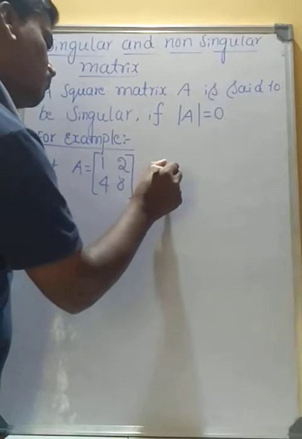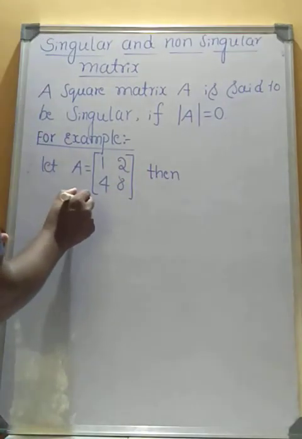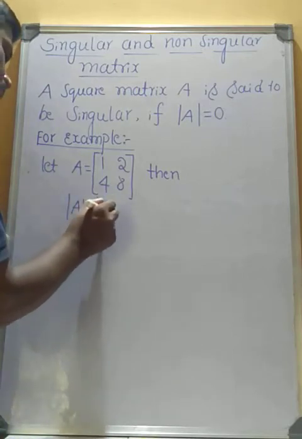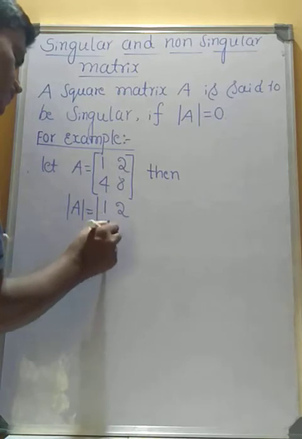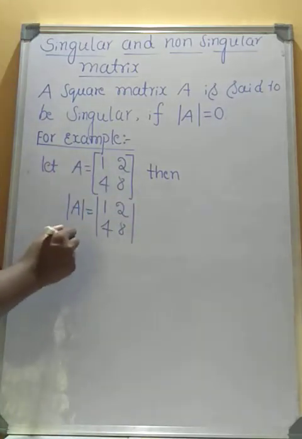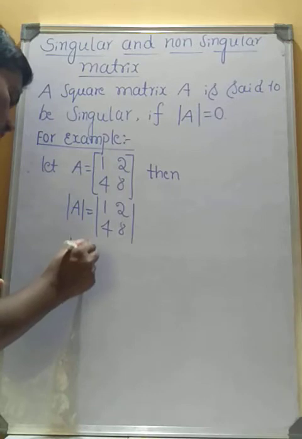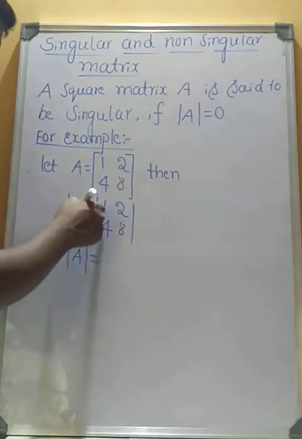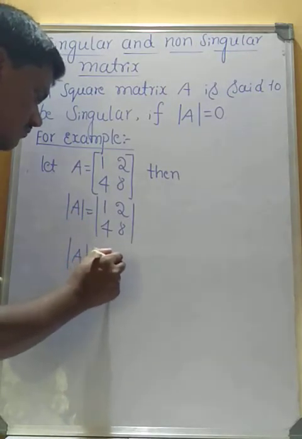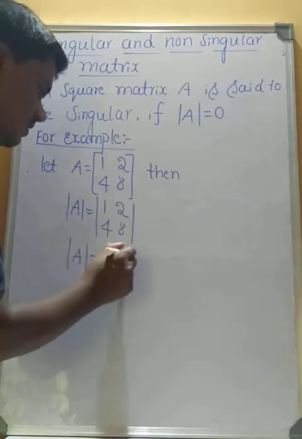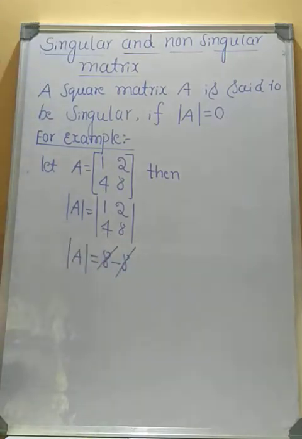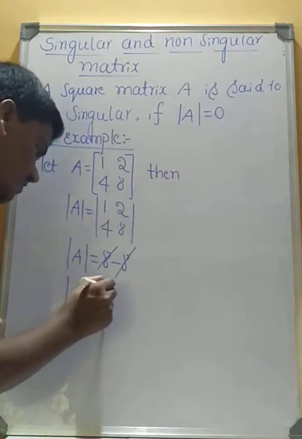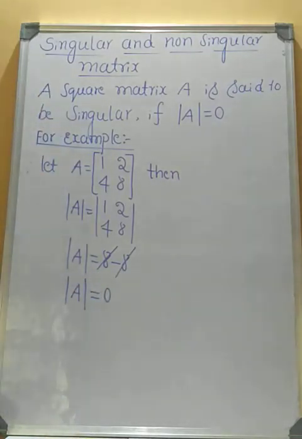Then take determinant of A, determinant of 1, 2, 4, 8. Therefore determinant of A equals, expand this determinant, 1 8s are 8 minus 4 2s are 8. Plus 8 minus 8 gets cancellation. Therefore determinant of A equal to 0.